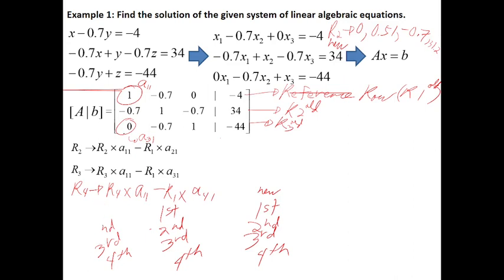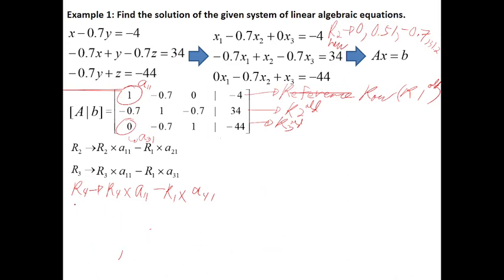Kung meron ka pang fourth row. And it also follows, kung meron ka pang fifth row, let's say 5 equations, 5 unknowns, R5, A11, R1, A51. Ganun siya. And so forth and so on.